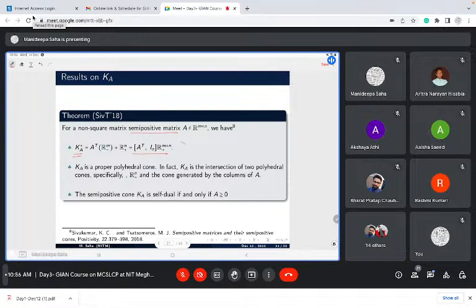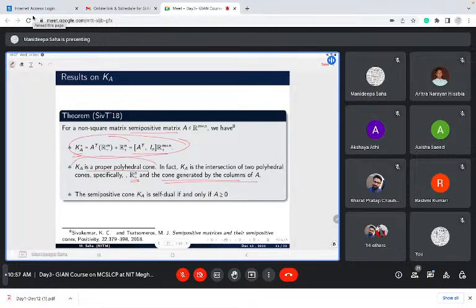From here, one easy consequence is that this is a proper polyhedral cone K. We have already seen that it is a proper cone, but from here we can see that it is a polyhedral cone, because one property we have seen is that K is a polyhedral cone if and only if its dual is a polyhedral cone. We can easily check that this K_A star will be the intersection of two polyhedral cones: R^n_+ and the cone generated by the columns.